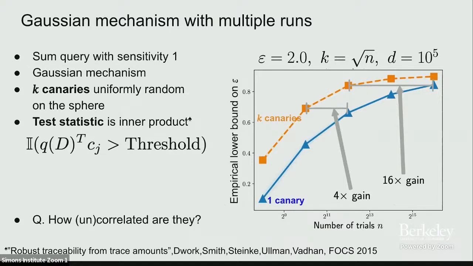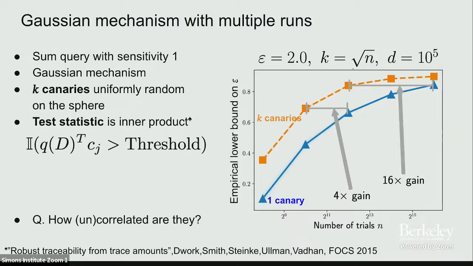If you don't use this trick, this is the curve that shows you how many samples you need to falsify. And then if you use the k canary trick with all those added details, you'll get good gain. For 0.8, you'll get 16x gain. And for 0.7 or something like that, you'll get 4x gain from this approach.